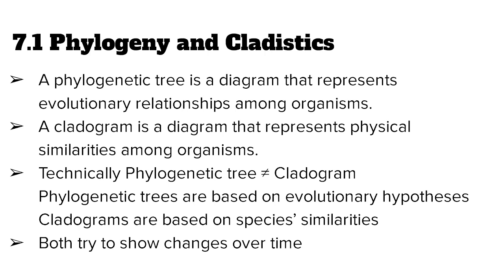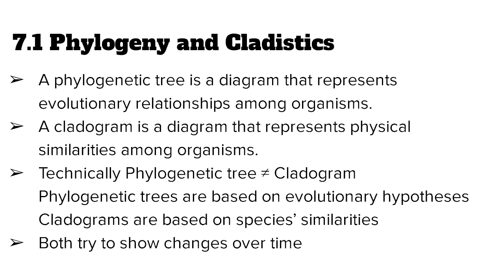Right? So, some things to remember. A phylogenetic tree and a cladogram are pretty much the same thing. And we're going to use those terms interchangeably, but they're not actually the same. Phylogenetic trees are really evolutionary hypotheses, whereas a cladogram is based on a species' similarities.